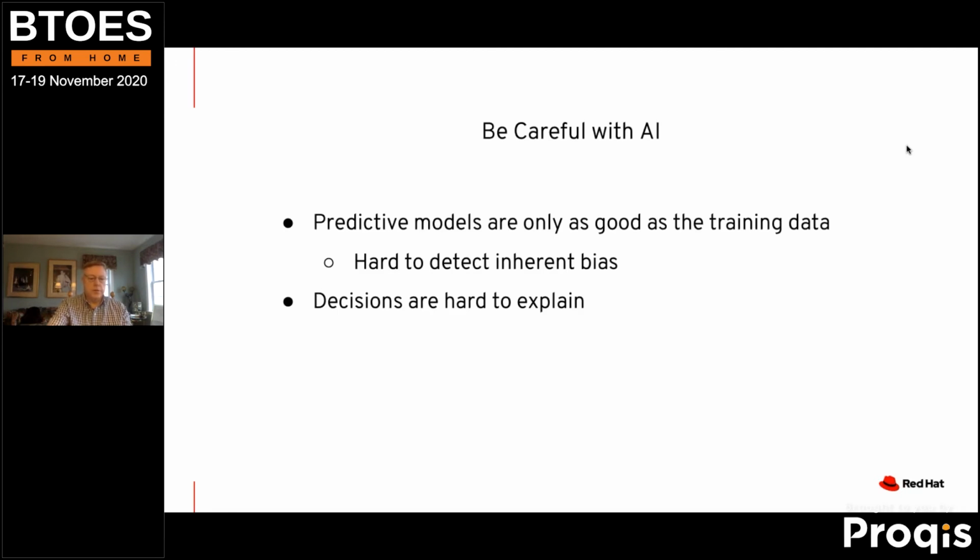With the current technology, it's very hard to figure out why your credit application ended up in the deny bucket. Another good reason why you want to mix a predictive model with business rules, so that you can see what rules are actually being applied in order to come up with an explanation.